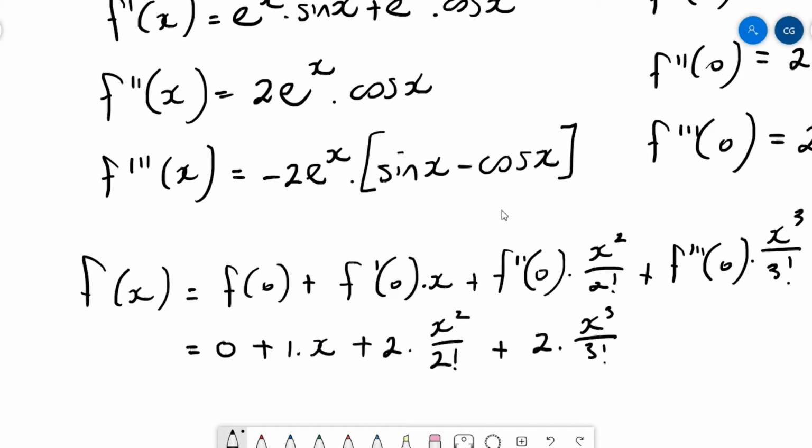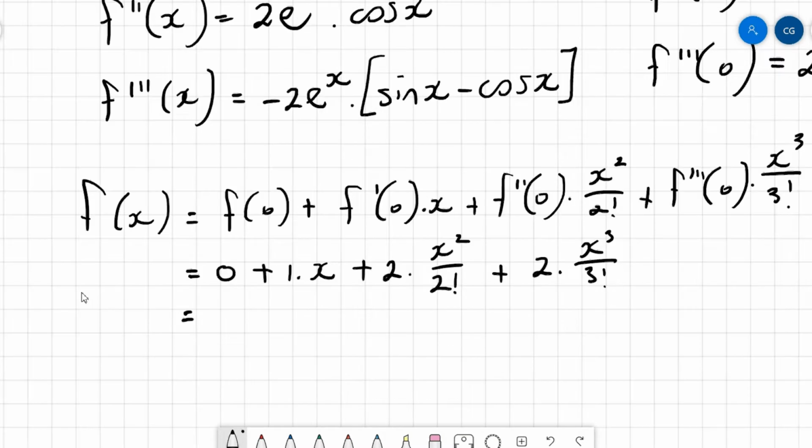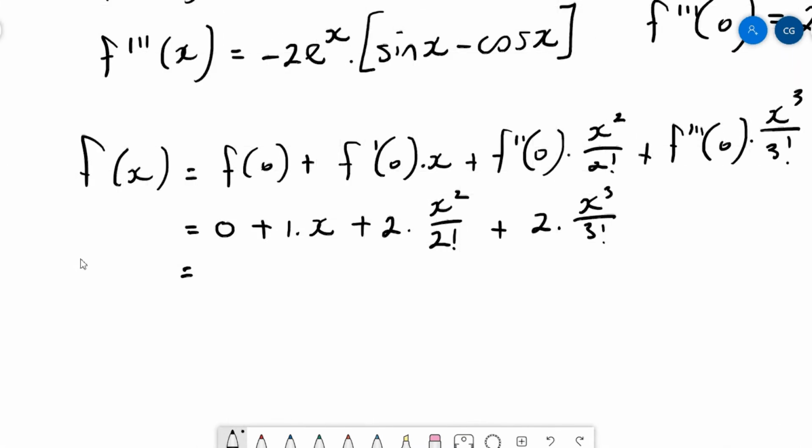3 factorial is 6. 2 over 6 will simplify to 1 over 3. So we can rewrite this as x plus, in this case here, 2 over 2 factorial is just 1, so x squared plus x cubed over 3.